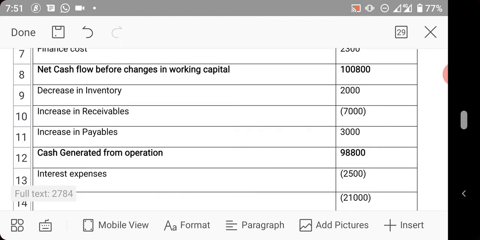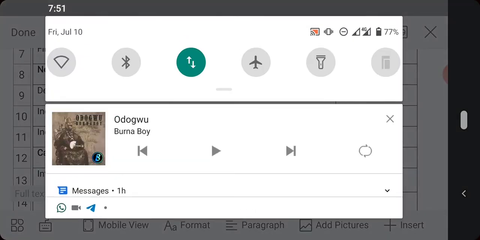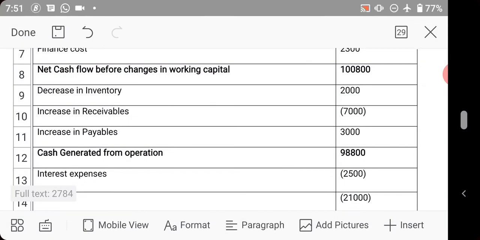Now you bring in your working capital. Majorly, we have inventory, receivables, and payables. So now, if current assets increased over the year, it is an outflow of cash.